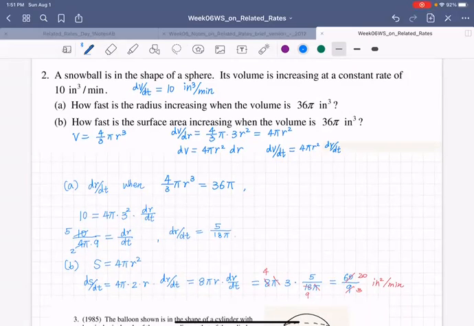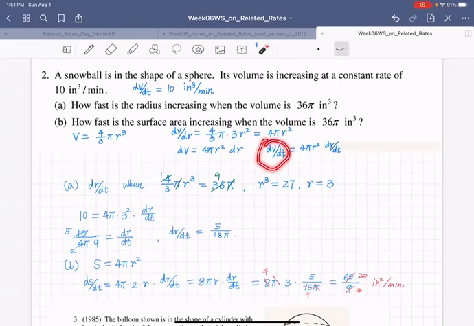So the 4 over 3 on both sides can cancel, right? And the pi canceled. This equals how much? Equal to 27. So r equals 3. That's good.